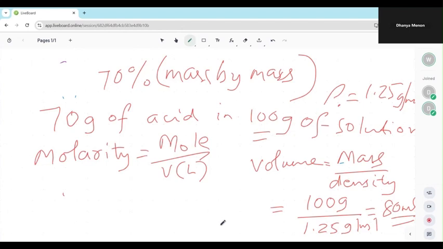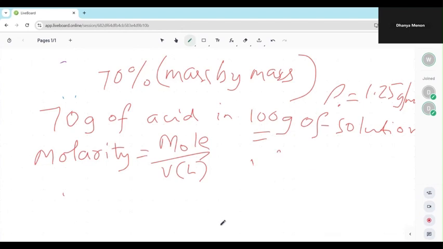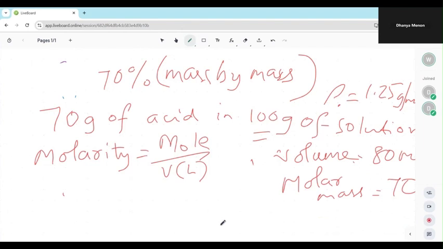Volume is 80 ml. In the question itself, they have mentioned the molar mass of the acid. Molar mass of acid is equal to 70. So that solves our problem also. So how to find the moles? Mass of acid by molar mass. Yes?